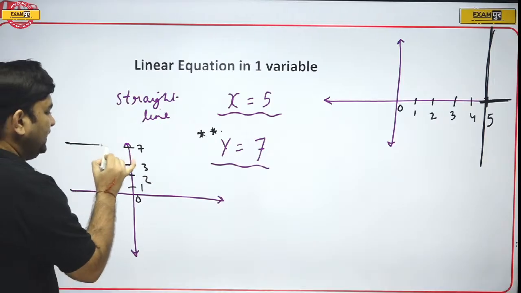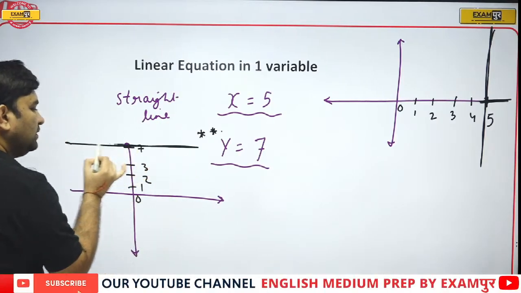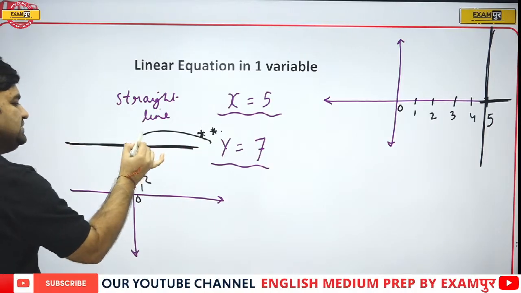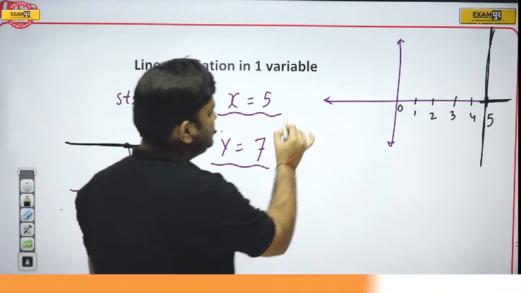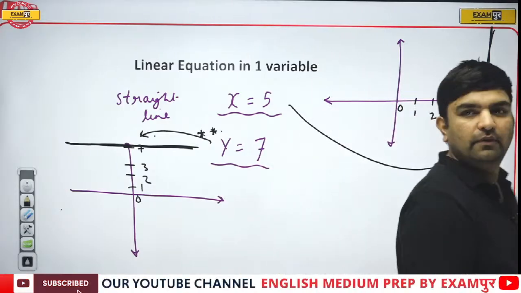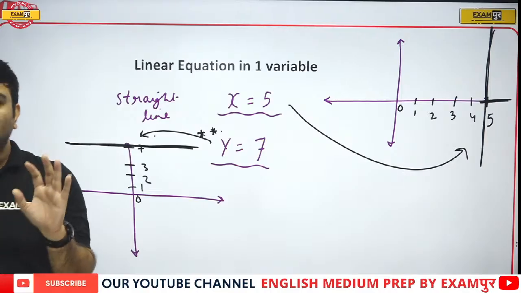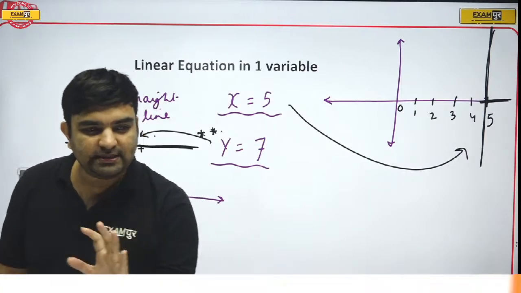So at every point y is 7. So this is the y is equal to 7 graph and this is the x is equal to 5 graph. Are these two basic things clear?